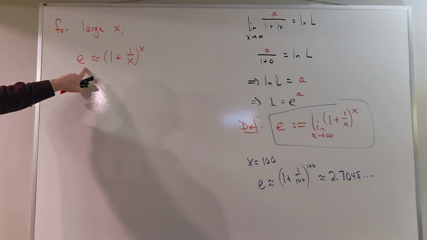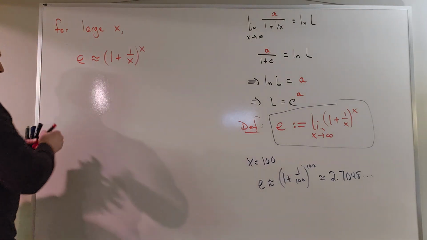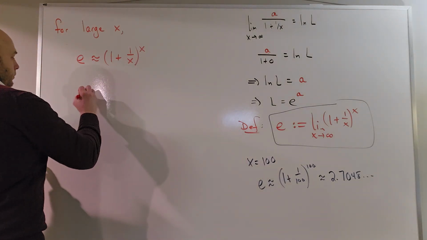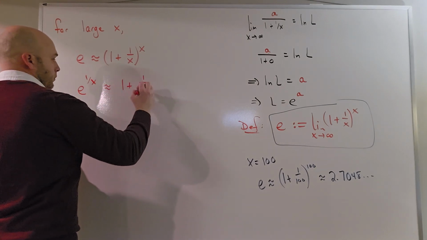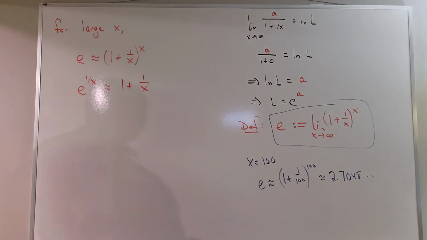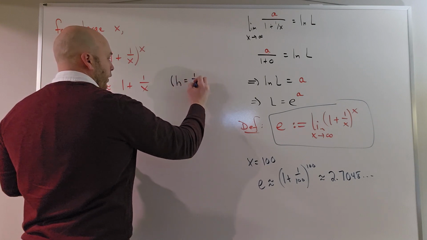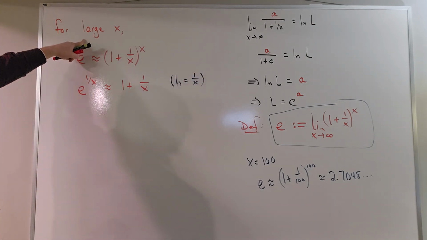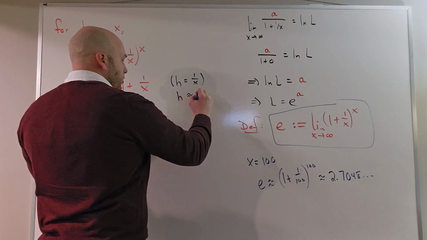What I want to do is rearrange the terms here. If I take both sides to the 1 over x power, I get e to the 1 over x is approximately 1 plus 1 over x. Now I'm going to do a change of variables. I'm just going to say h is equal to 1 over x. If x was really, really large, just some really large number, then that means that h is going to be approximately 0.